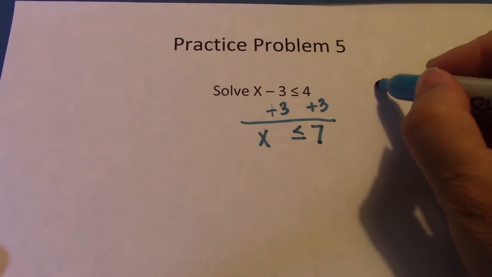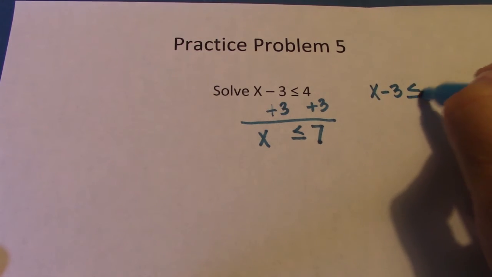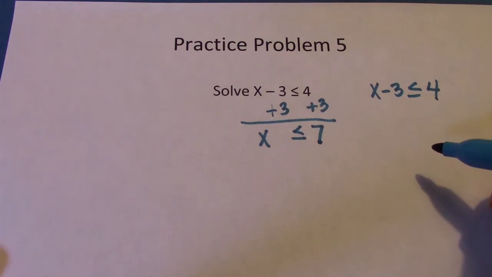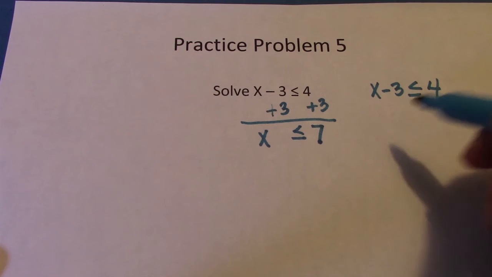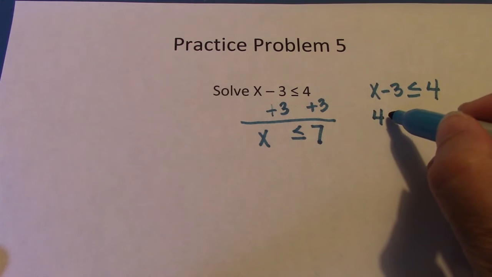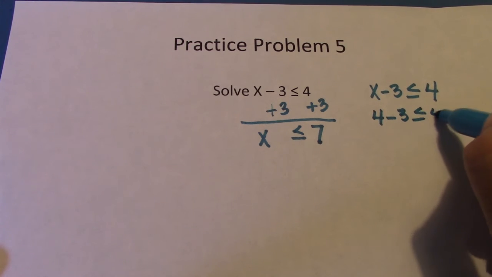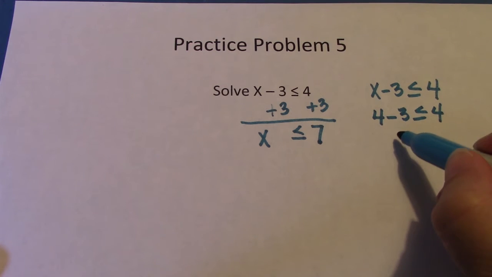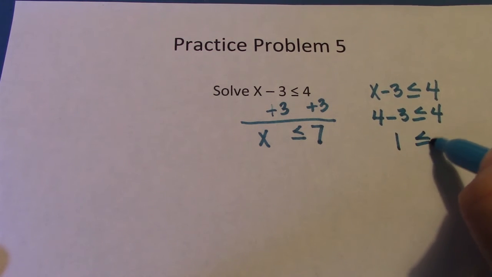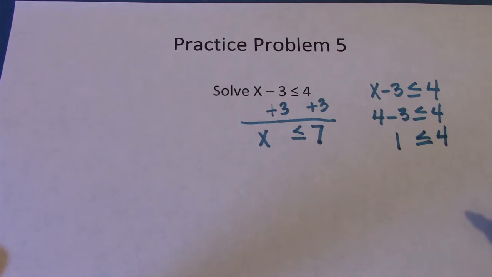If we can check our work, pick a number that's less than or equal to 7. Let's just try 4. Every time I see an x, I'm going to write 4. 4 minus 3, that's 1, is less than or equal to 4, and that's true.